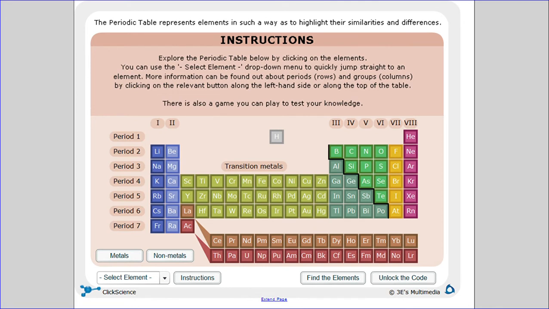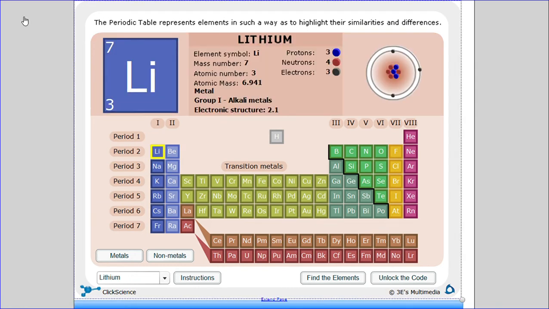When we start to visualize these, we're really going to look up to number 20, calcium. By clicking on these and looking at the picture in the top right corner, you can get a sense that the blue circles are 3 protons, and red means it has 4 neutrons. Then you can see the electrons around the outside. We're going to be looking at the energy levels of the rings that compose these, but for now we're just getting a handle on how to identify protons, neutrons, and electrons.